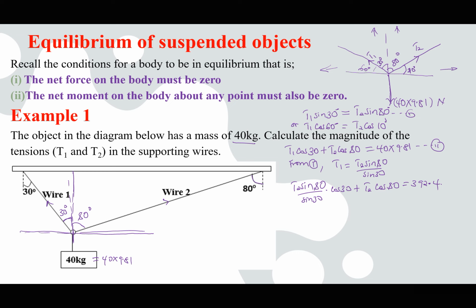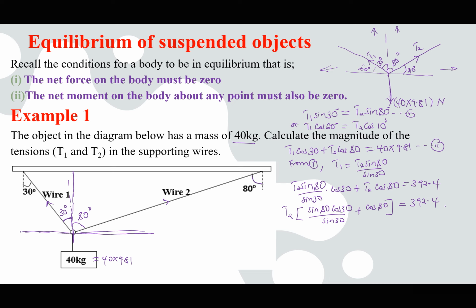Okay, so I must make T2 the subject, so I'll factor out T2 into brackets. I have sine of 80 cos of 30 divided by sine of 30 plus cos of 80. This is going to be equal to 392.4. So I'm just going to press my calculator and simplify the bracket.